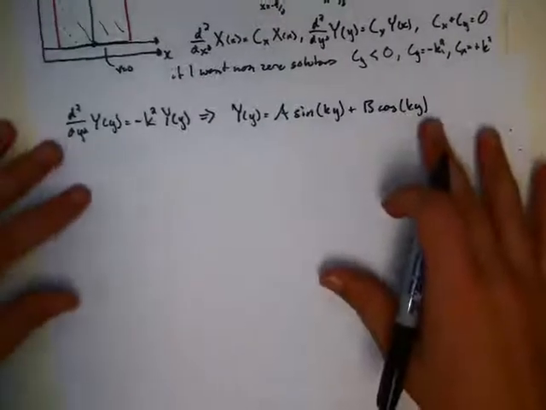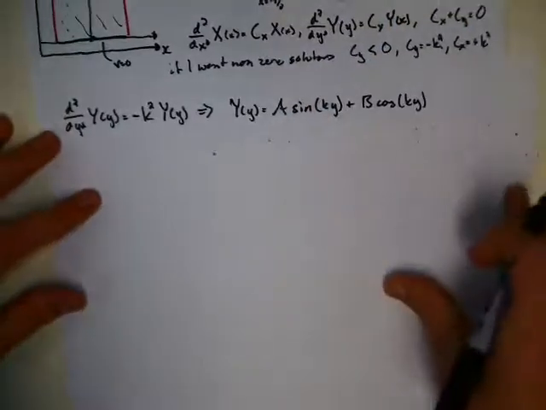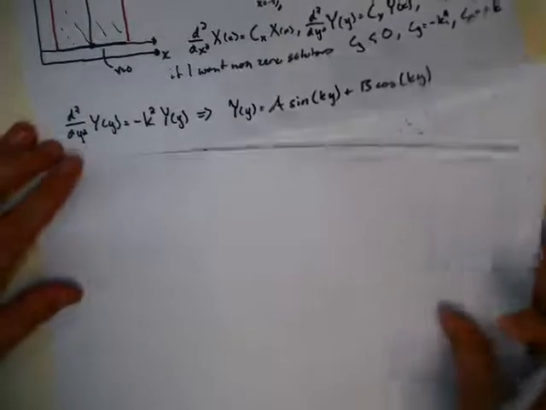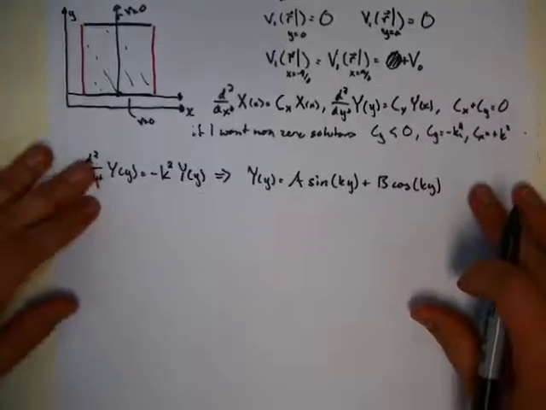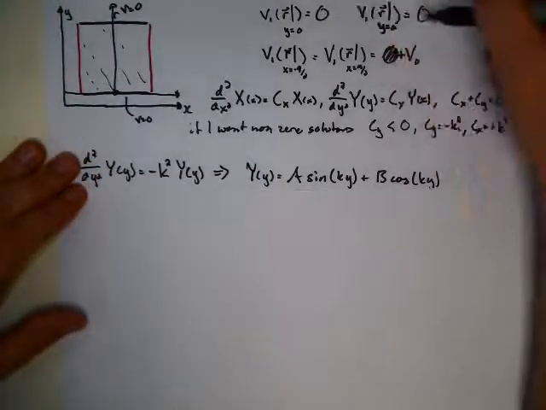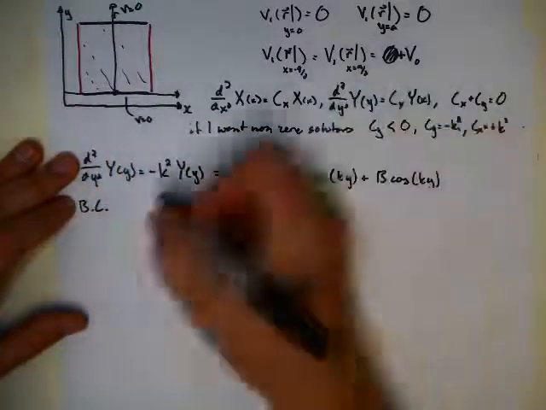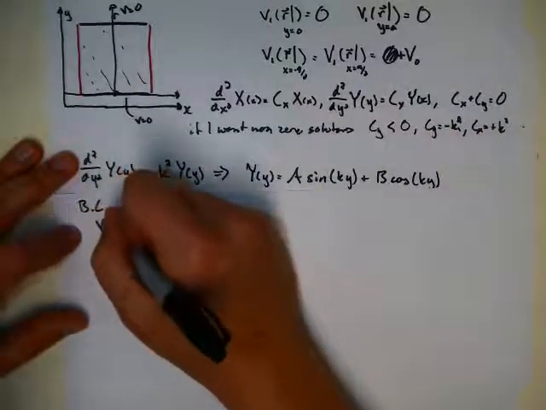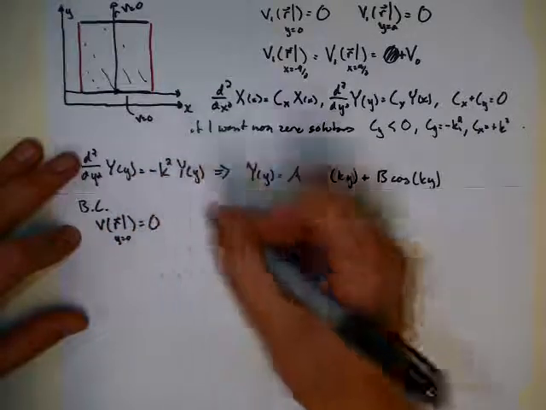So in order to find out what these coefficients are, we can start applying the boundary conditions. The boundary conditions that I'm going to want to apply right now are these two. The first one is v at y equals 0 must be 0.